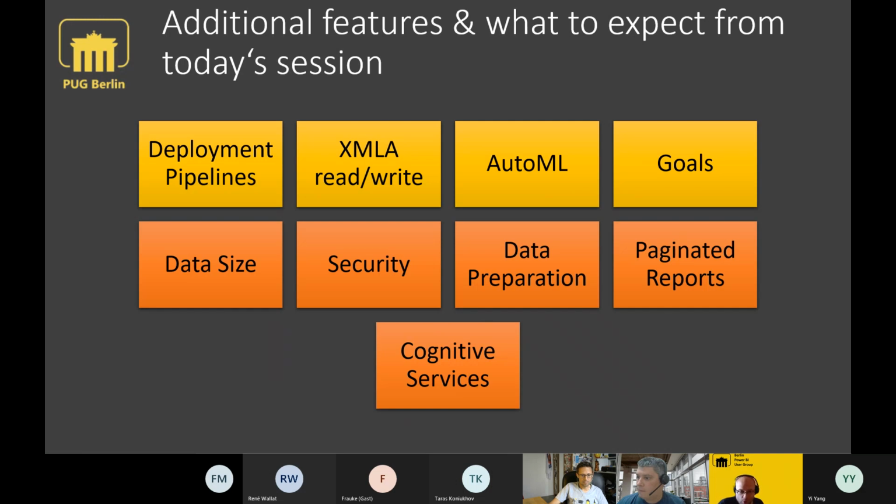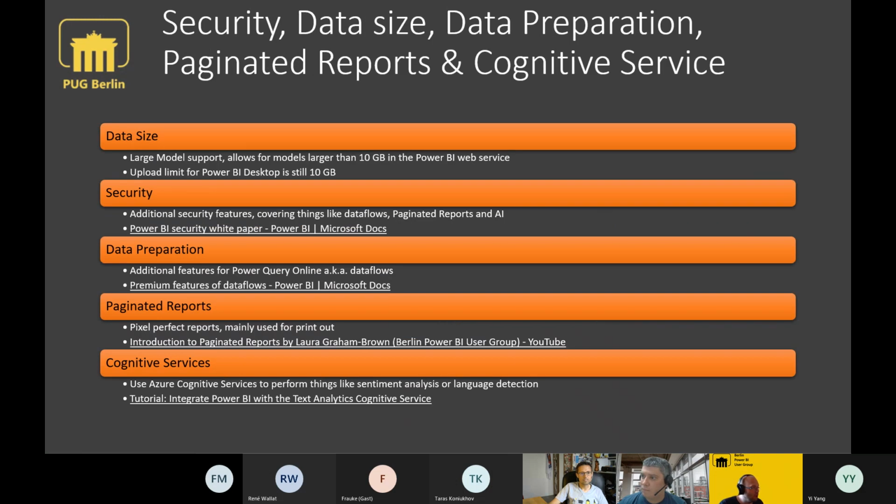For example, paginated reports is something where we have a recording also on YouTube. So this is also a prominent feature, but I won't do a deep dive here again. Let's quickly go through these 5 features that I won't do a deep dive on before going into the live demos for the other ones.